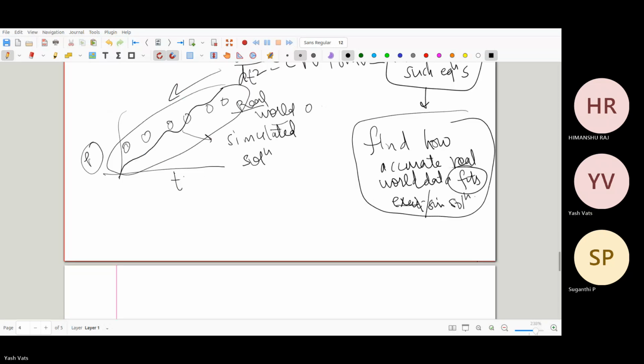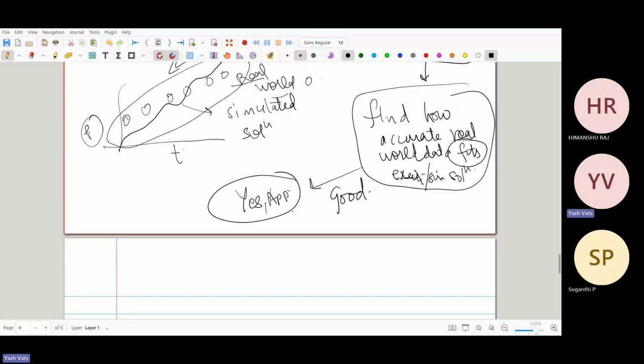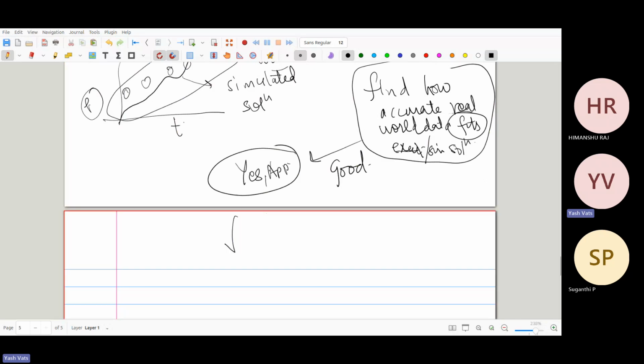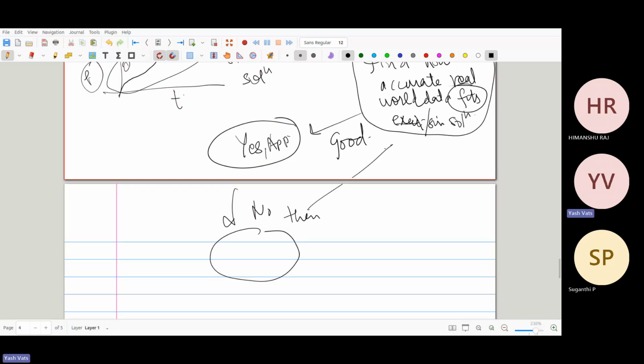If it fits exactly, then it's well done. If it fits well, then yes, your model is approved. And if it does not fit nicely, then in this case, you have to loosen your assumptions.